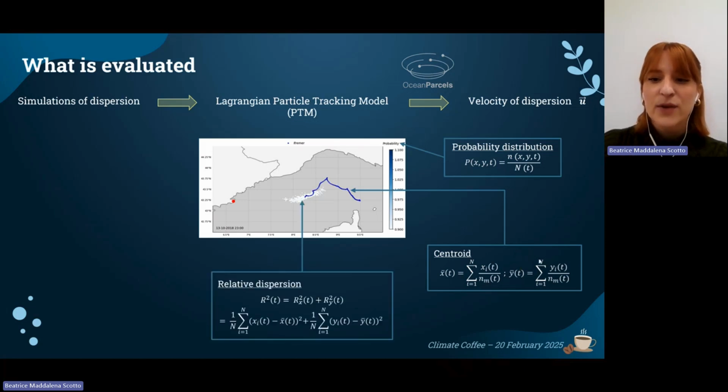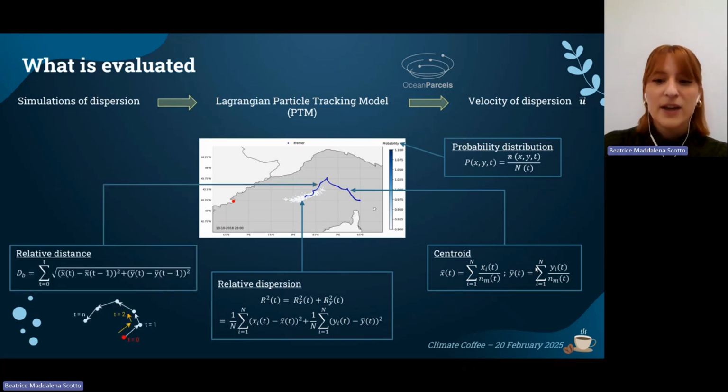Then, with the value of the centroids, we can evaluate the dispersion that the particles undergo with respect to the centroid in time. And here we have the relative dispersion, which is the sum of the two components in the x and y direction. And this gives us how the cloud of particles is spreading and in which direction.